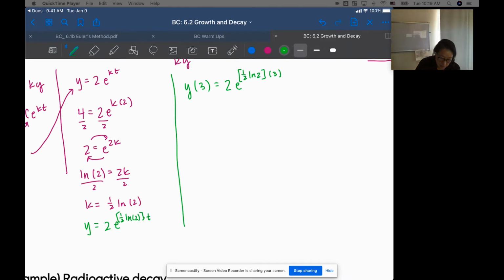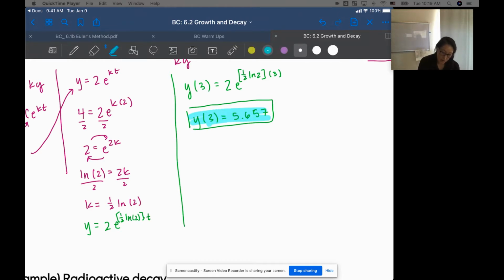And when I substitute that all in, I get y of 3 is equal to 5.657. So when t is equal to 3, y is equal to 5.657. Okie doke. Let's do another.